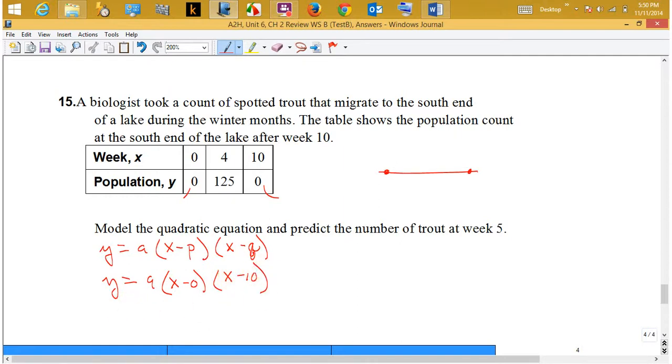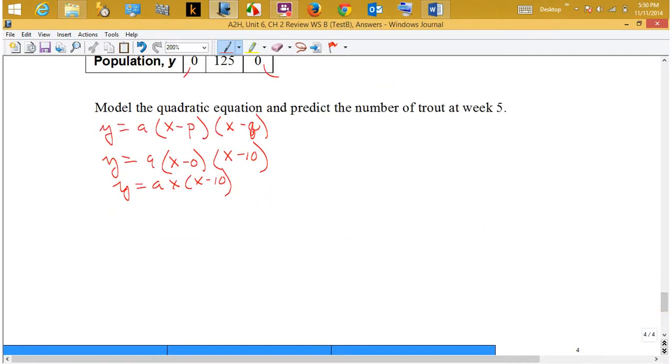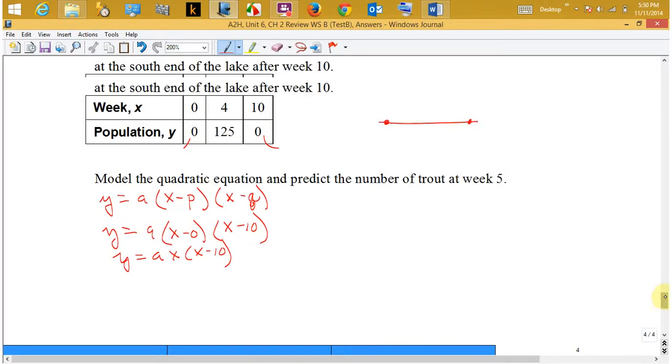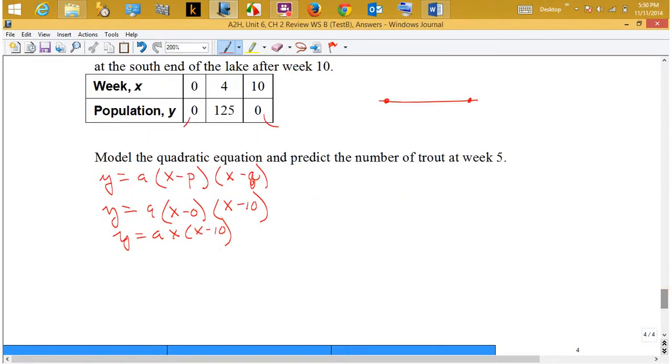And I can rewrite that: y is equal to ax times x minus 10. Now we're going to find the value of a by using the numbers that we have for the other point, which is 4, 125. So let's put 125 in for y, and let's put 4 in for x, and we'll figure out what a equals.